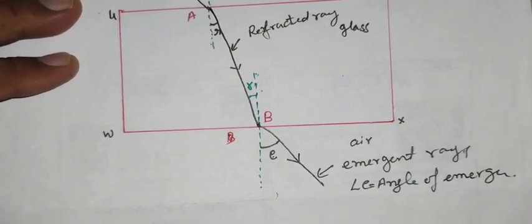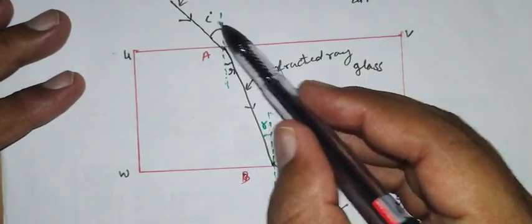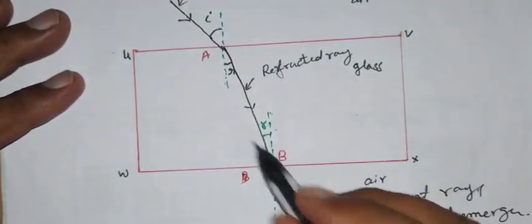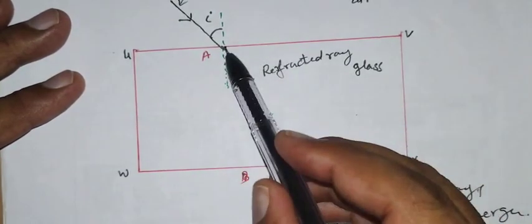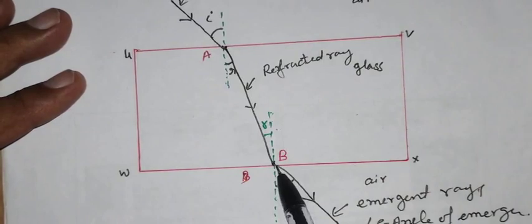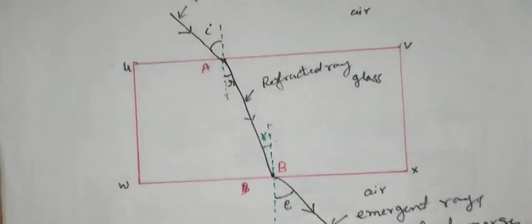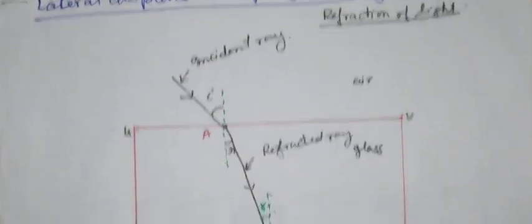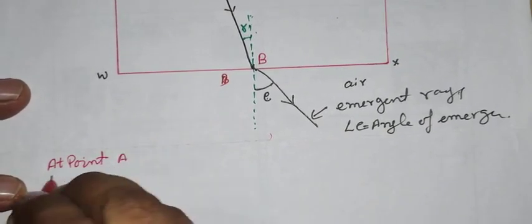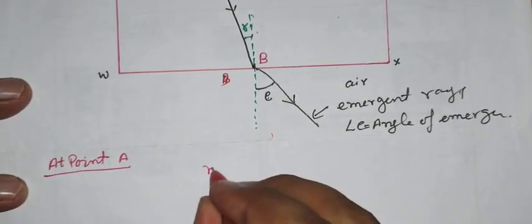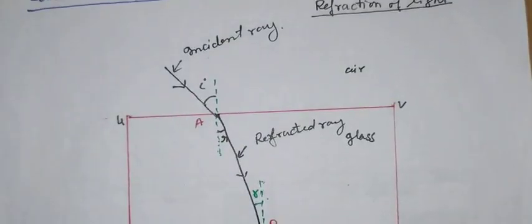Now see very carefully in the diagram, the phenomenon of refraction takes place at two places, first at point A and another at point B. Let us apply Snell's law at point A. Refractive index n, moving from medium 1 to medium 2, air to glass.